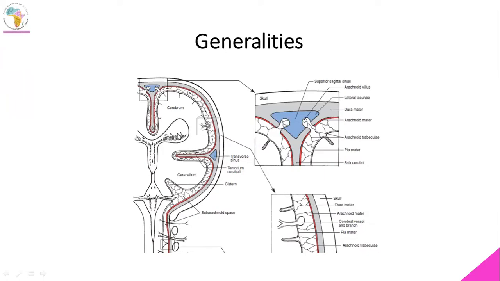We know that the CSF is formed inside the ventricles by the choroid plexus, and it goes from the lateral ventricle to the third ventricle and then to the fourth ventricle before it goes to the superficial cortical surface to cover the brain. Then it goes back to the venous system through those arachnoid villi that enter the dural sinuses.